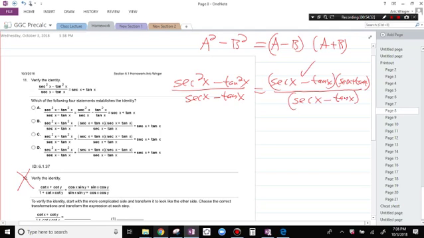And then, of course, these cancel. And you're left with secant x plus tangent x, which is what we need to show, right? That's just factoring.